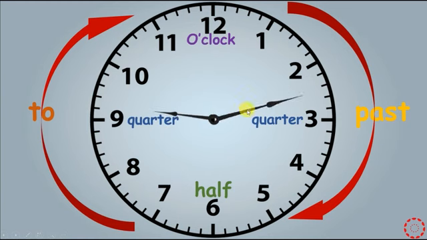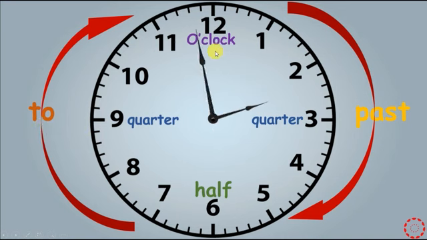When the long one, the minute hand, is on the right side, we have to use past. But when it is on the left side, we have to use to.